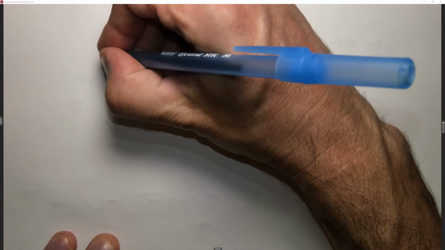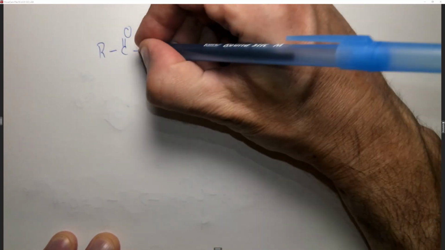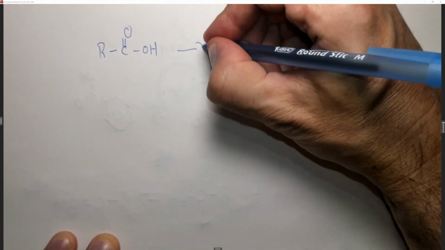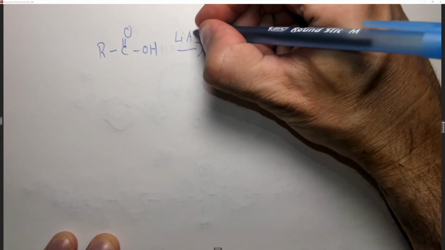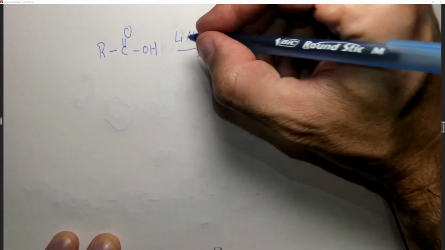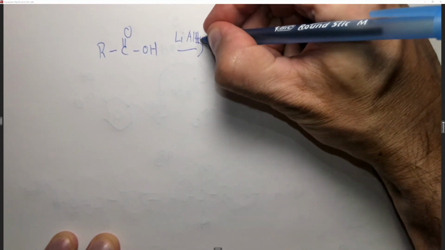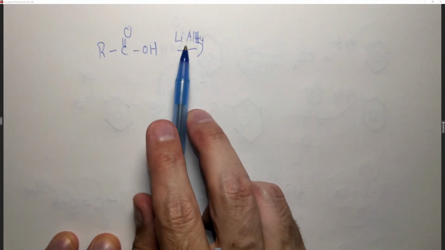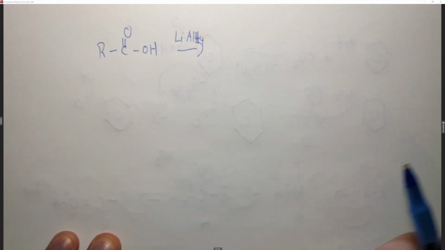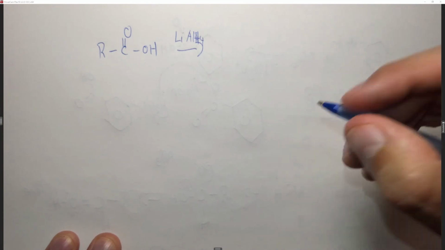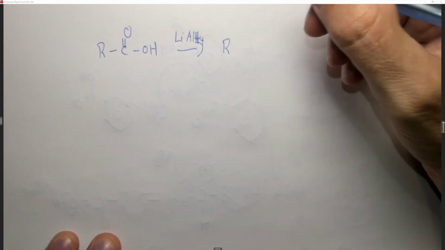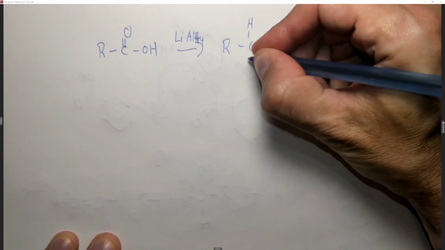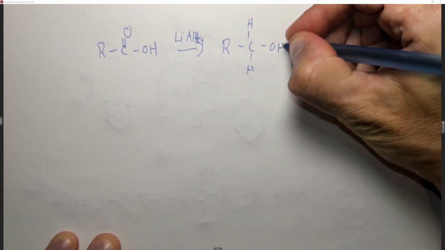So if we have R bond C double bond O bond OH, a carboxylic acid, and we use lithium aluminum hydride, then we can basically form the alcohol. R bond C bond H bond H bond OH.